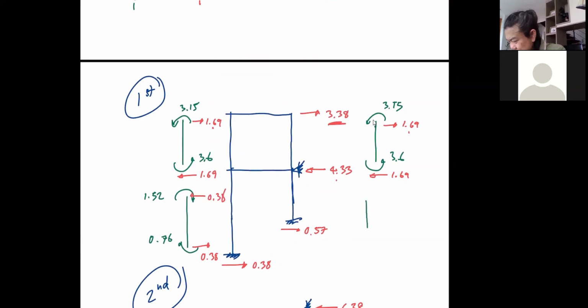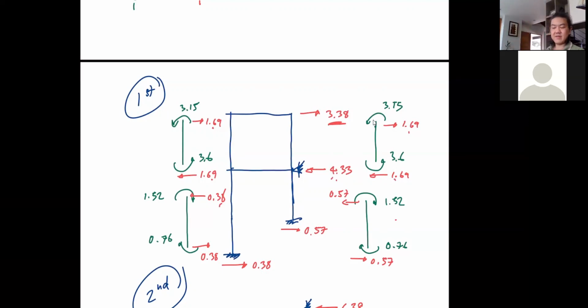And then the second column here is the same, 1.52 and 0.76. Oh, but it's a different length, so that's why we have a different shear. It's 0.57, and that's 0.57. You sum them up, these four give you 4.33, like that.